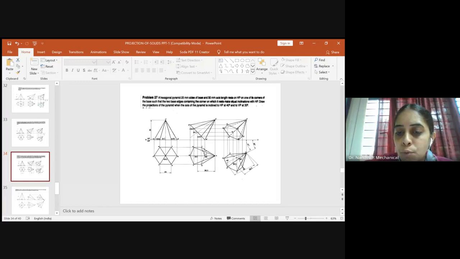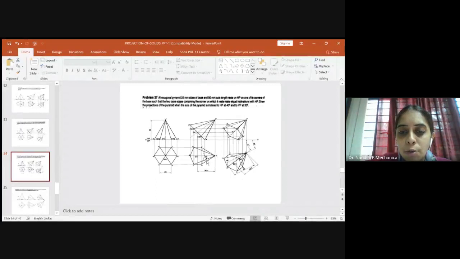So E to O will be visible, so please draw a continuous thick line. And D to O will also be visible, a continuous thick line. C to O will also be visible, a continuous and thick line, right? So this is how you construct the second stage of the top view in the case of a hexagonal pyramid which is resting on one of its corners.